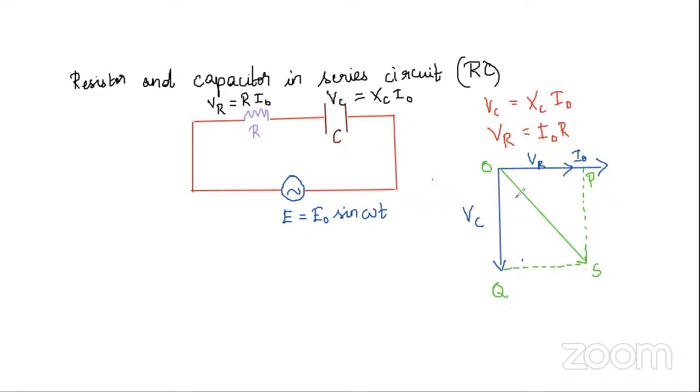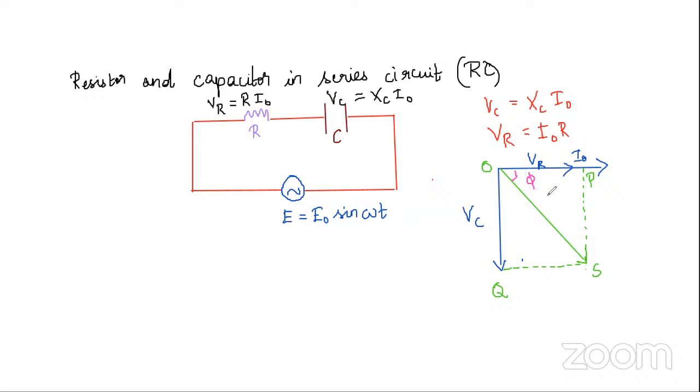I0 is here and VC is here. Obviously, it is pi by 2. The resultant OS makes an angle phi with the x-axis. So in the phasor diagram, you will have phi.